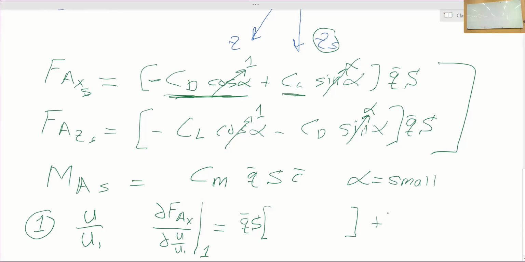And then we're going to have another part, which is the stuff inside the bracket. And then we have to take the derivative of the dynamic pressure, because the forward speed changes the dynamic pressure.